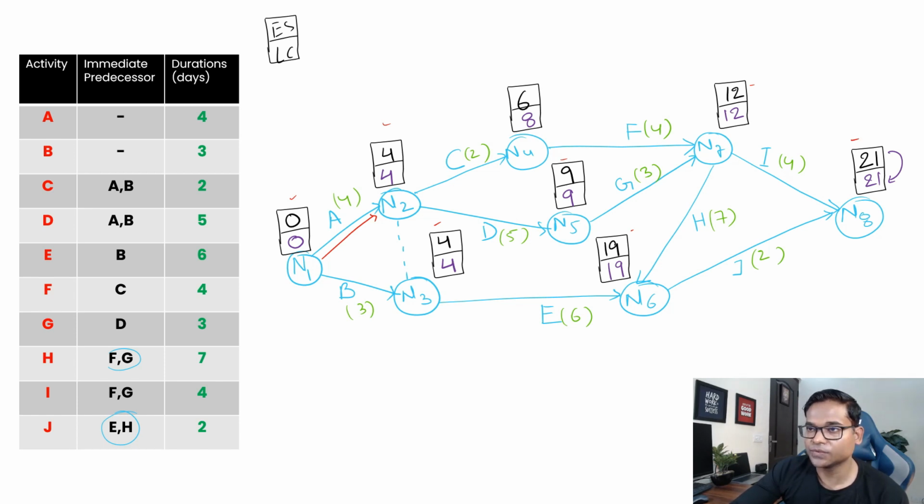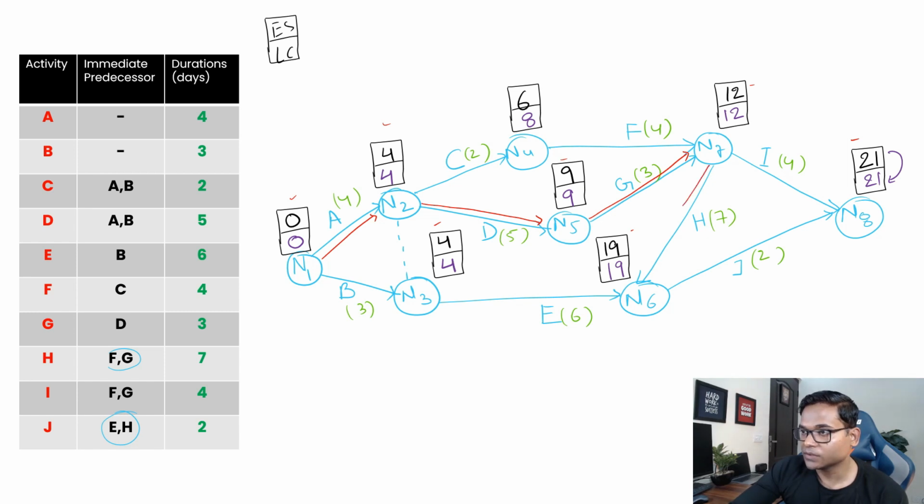So we'll choose this one first. Then this is a dummy activity, so we'll go here, and from there we have two options. Either we go directly here, or we go here and then go there, right?